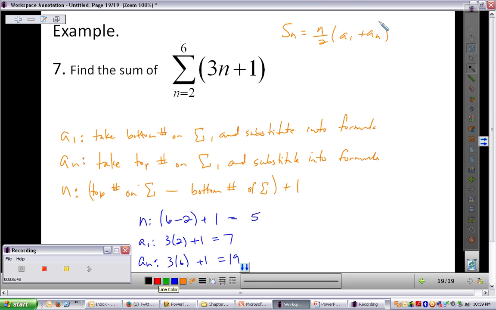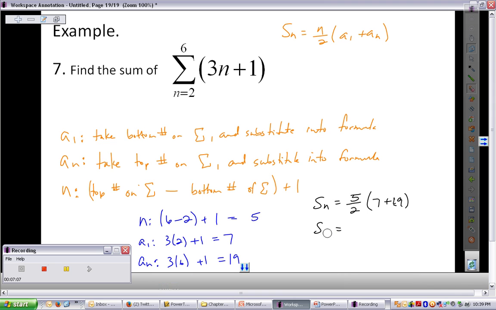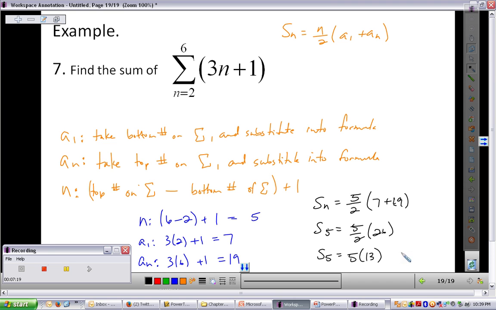So plugging this all into our formula, S sub n equals n, 5, divided by 2, all times a sub 1, 7, plus 19. 7 plus 19 is 26, so S sub 5 equals 5 over 2 times 26. 26 divided by 2 is 13. S sub 5 equals 5 times 13, which ends up being 65.